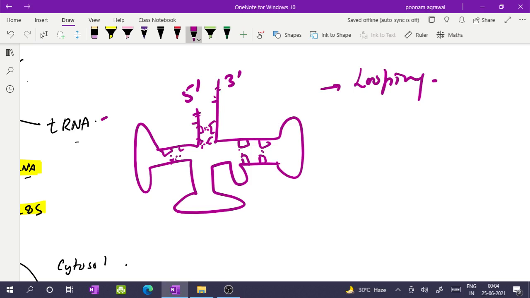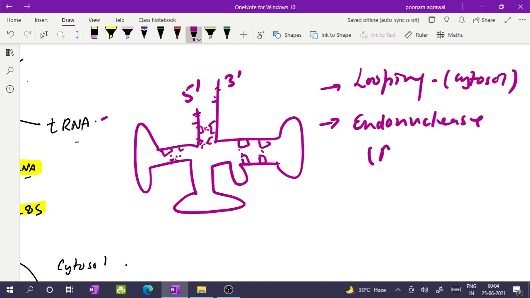So that's very obvious. Everybody knows that the tRNA folds on itself to give the stem loop or clover leaf appearance. In addition to that looping of the transfer RNA, you must know various other modifications occur, and number one is the endonuclease activity by ribonuclease P. The enzyme is ribonuclease P, which is an endonuclease and cleaves a segment of around 16 nucleotides towards the 5' end.